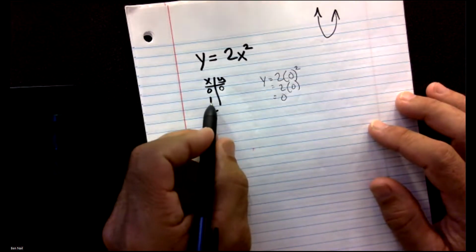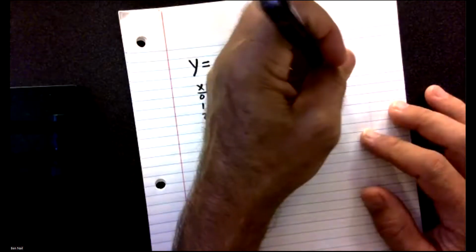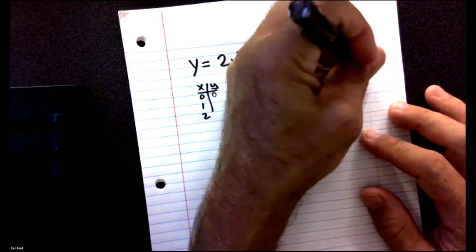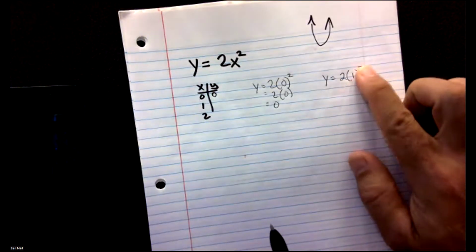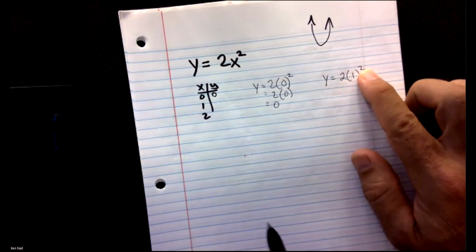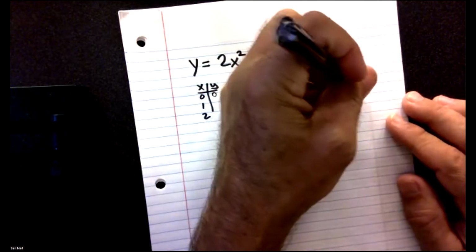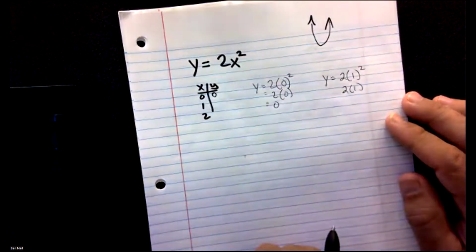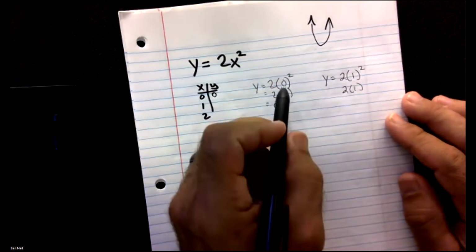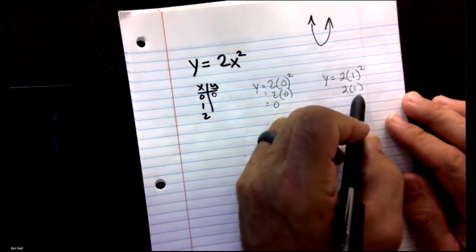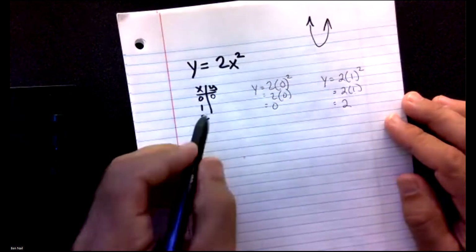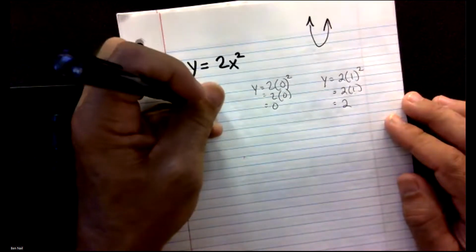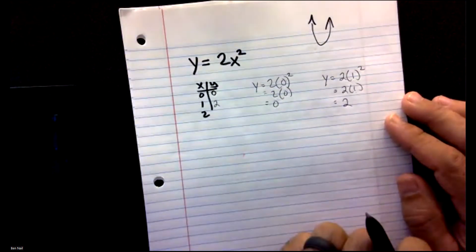Okay, if I try the 1, so y equals 2 times 1 squared. Again, do the exponents first. So first we do 1 to the second power. 1 squared is 1, because again, squaring something means timesing it by itself. 1 times 1 is 1. And then 2 times 1 is 2. So if x is 1, y is 2.